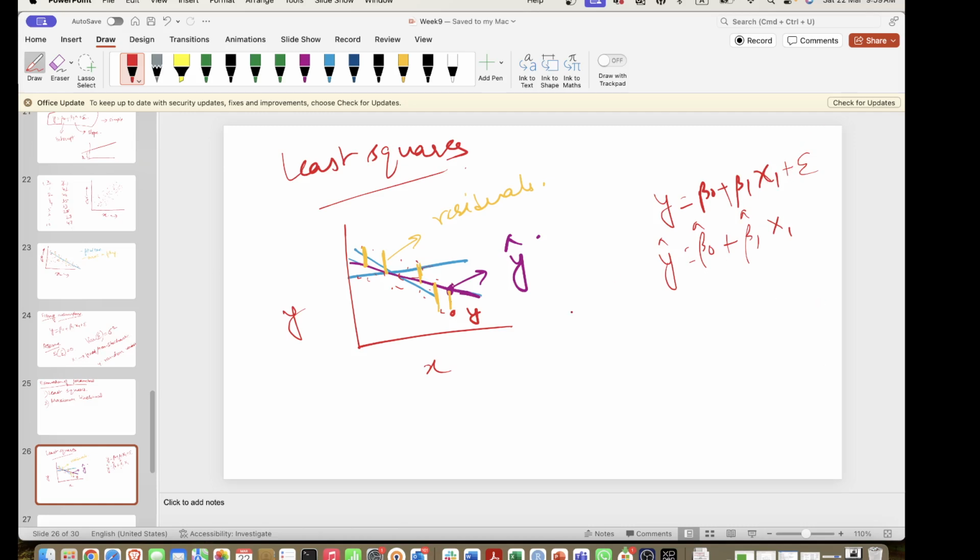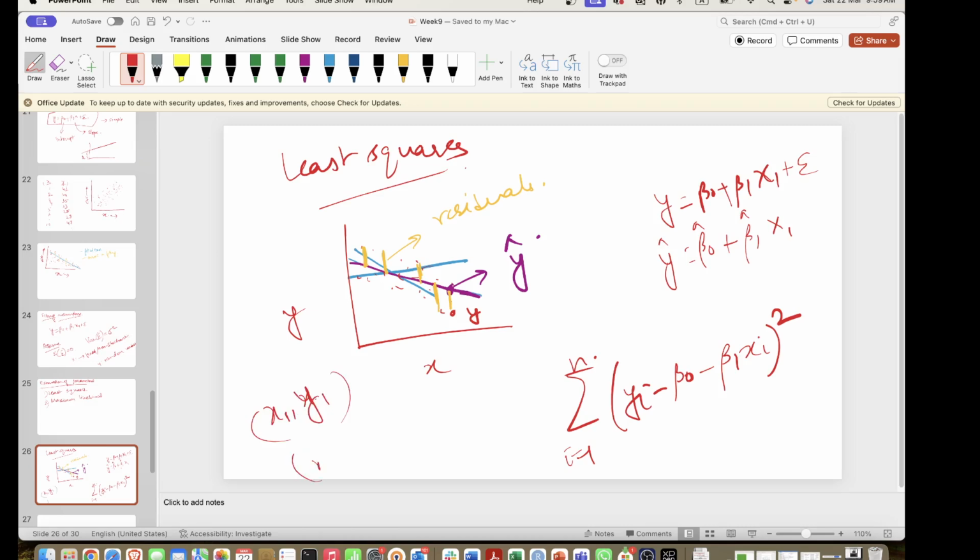My goal here is to minimize this quantity, the sum of yi minus beta naught minus beta 1 xi, whole square, i equal to 1 to n. If I have x1 y1 to xn yn, that is n data points. So the goal is to minimize this quantity.